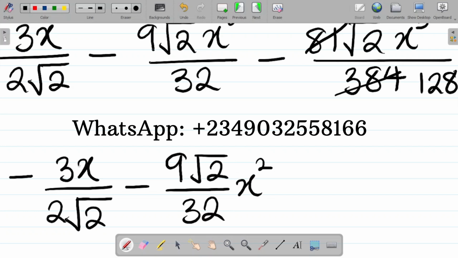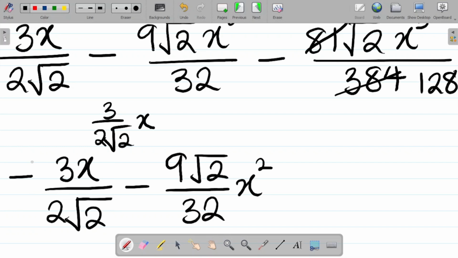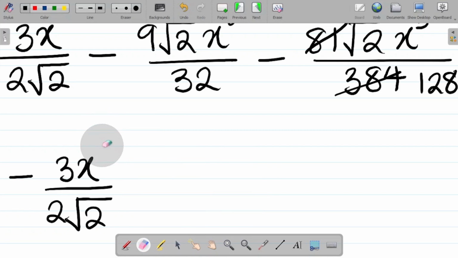All right, so this first one you have here can still be better written as 3 all over 2 root 2, then keep the x outside. That's like the best way of writing this. But that's by the way. So in essence, let me just take this off and write it like the best way. If I take this off here, so it becomes minus 3 root 2 x, okay?